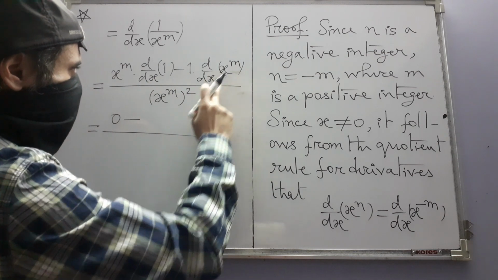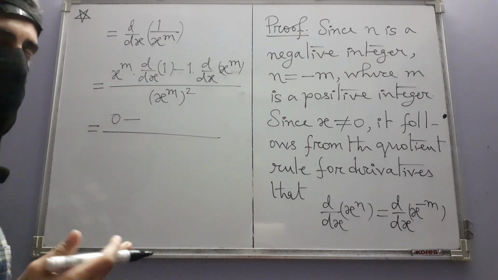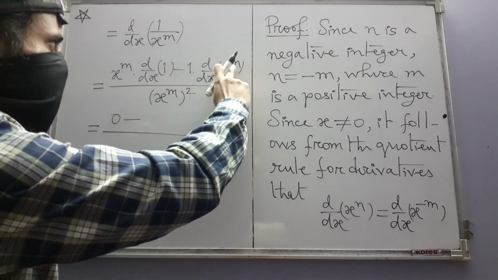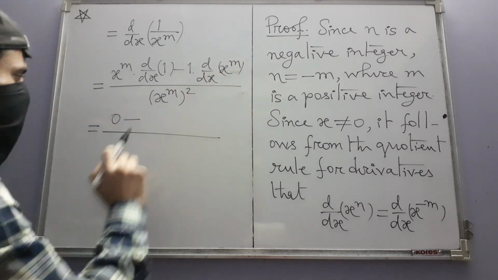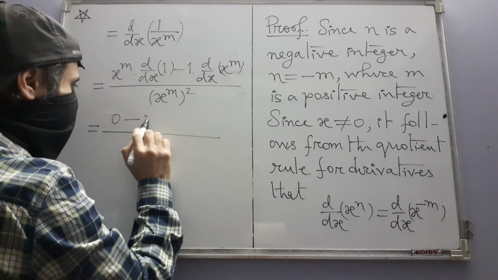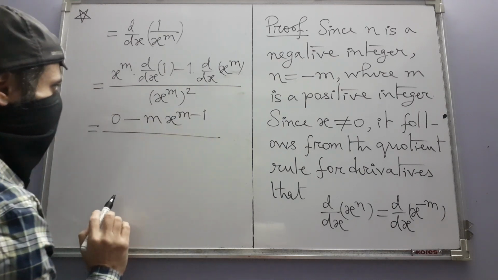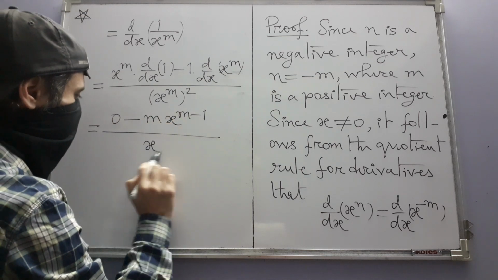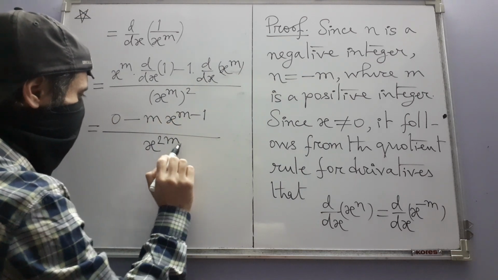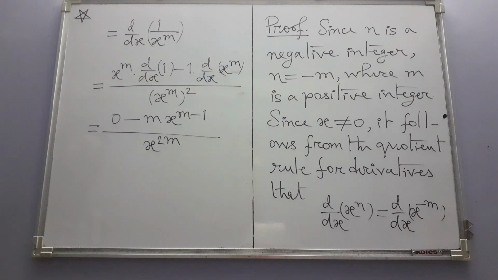Now this is where you can use your usual power rule. Why? Because m is a positive integer. So the derivative will be m times x to the power m minus 1, and the denominator is x to the power 2m.